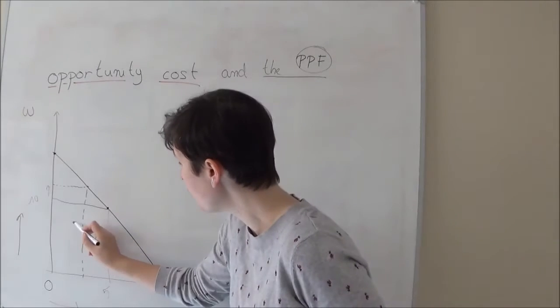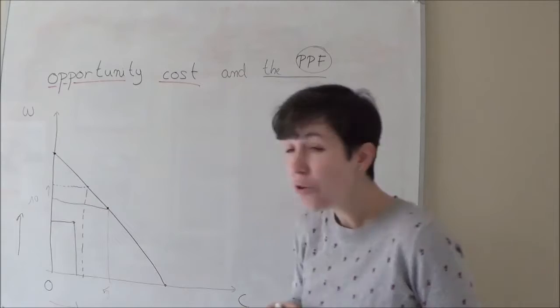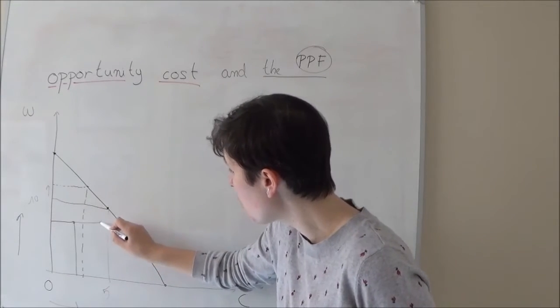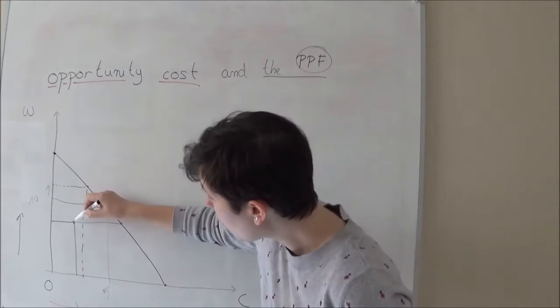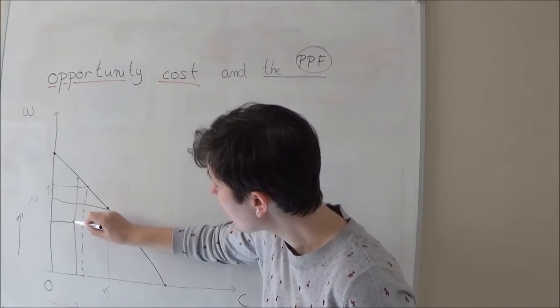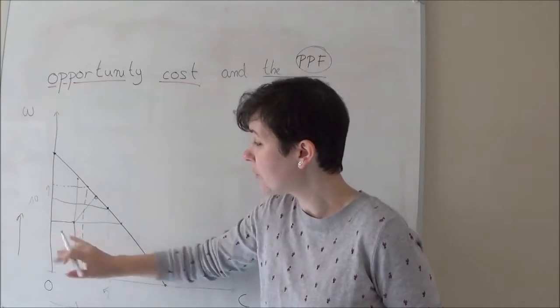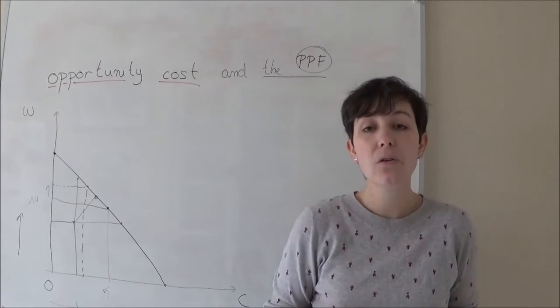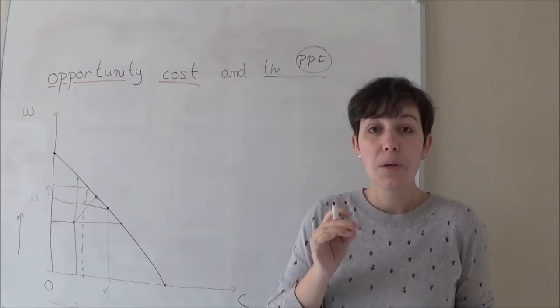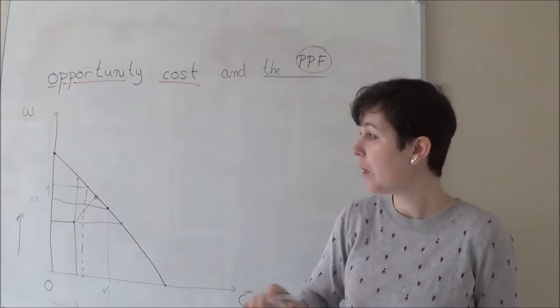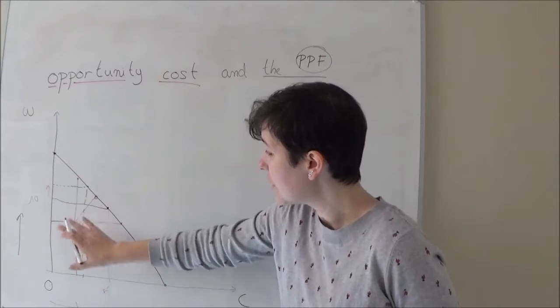I'm here, but if I use all the labor that I have, I could produce more cheese or more wine or a combination of them. So all the points that are inside are not efficient. The PPF is when we are using all our resources. So all that is inside is inefficient.